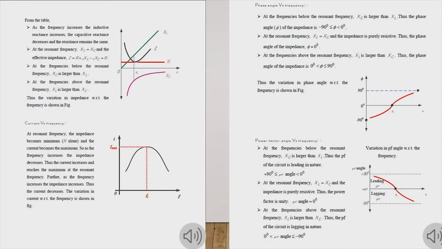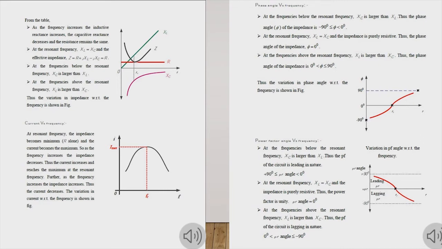Power factor angle versus frequency. At the frequencies below the resonant frequency, XC is larger than XL. Thus, the power factor of the circuit is leading in nature. Minus 90 less than or equal to power factor angle less than 0. At the resonance frequency, XL equal to XC and the impedance is purely resistive.